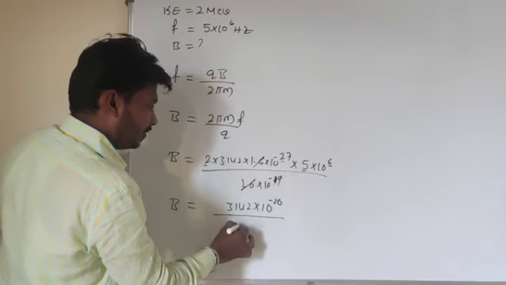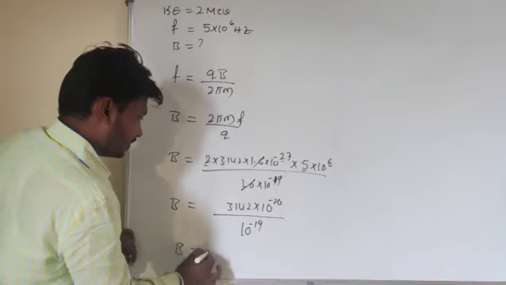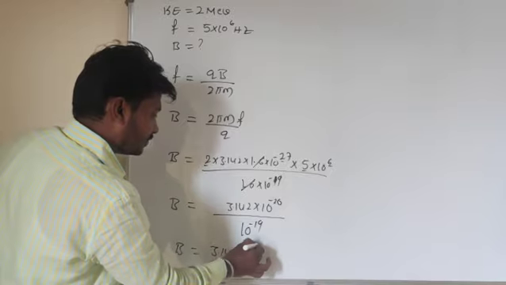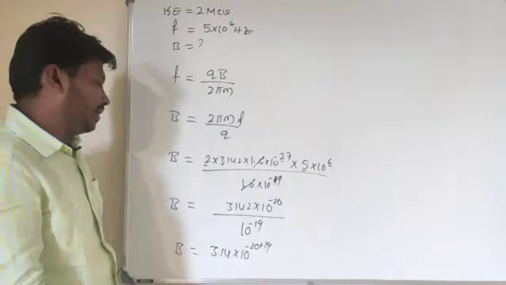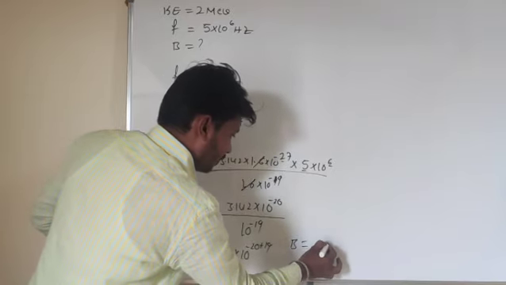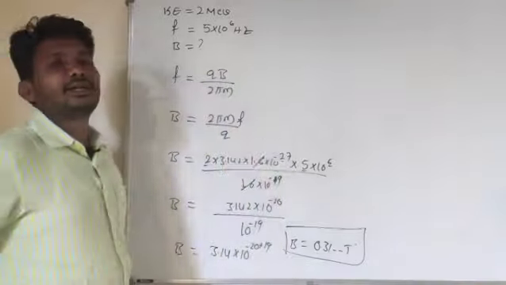Here in the denominator the 10 to the power of minus 19 term is there. B is equal to 3.14 into 10 to the power of minus 20 plus 19 here. What is the value then? B is equal to 0.31 Tesla. So this is the magnetic field I require.